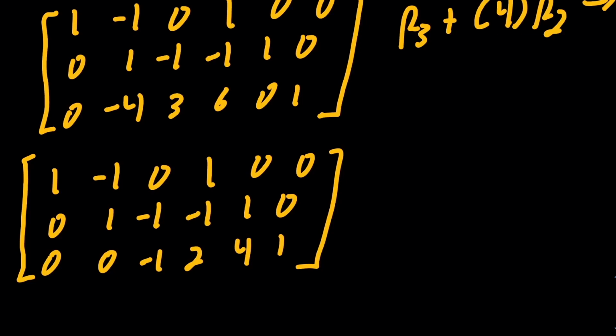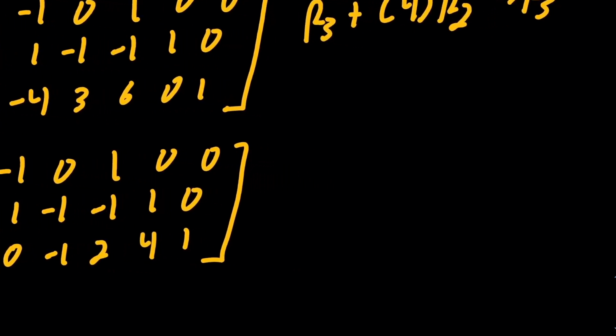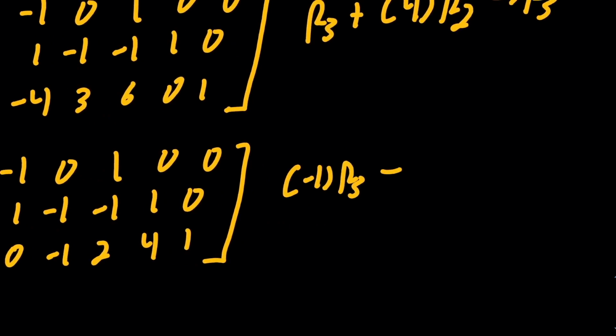Okay. Now we're going to grab row 3 again. And this time we're going to multiply by -1. And where are we going to bring that row? You guessed it, row 3. And let's see here.